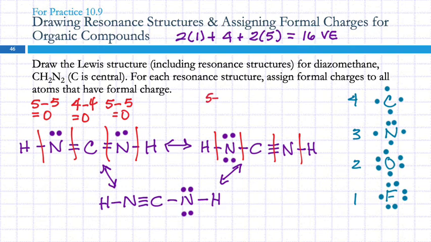Nitrogen brings 5, and this one's going to leave with 2, 4, 5, 6. So that one has a -1 formal charge. Carbon brings 4, leaves with 1, 2, 3, 4. This nitrogen brings 5, leaves with 1, 2, 3, 4.